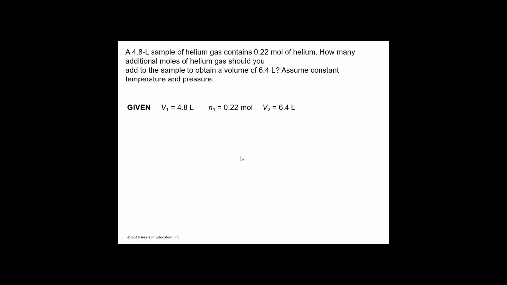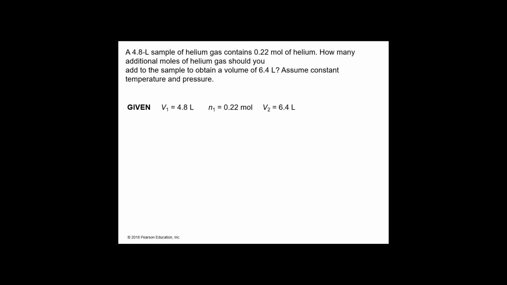That might also help you understand what type of problem you're dealing with, because they won't always say to assume temperature and pressure are constant. We have a volume and moles, and the volume has changed. So this is Avogadro's law. Now we have to solve to see how many additional moles of gas were added.